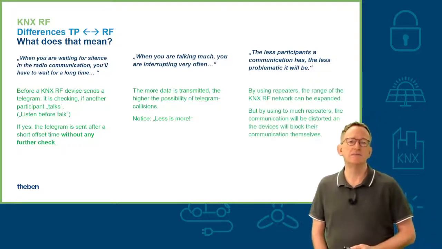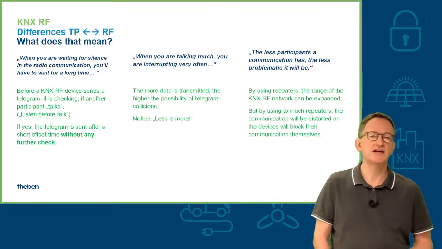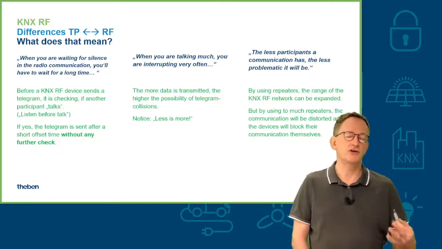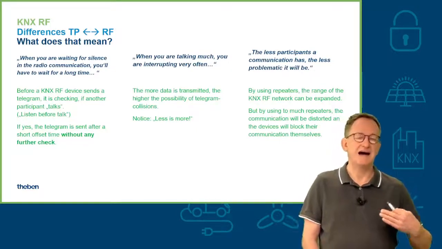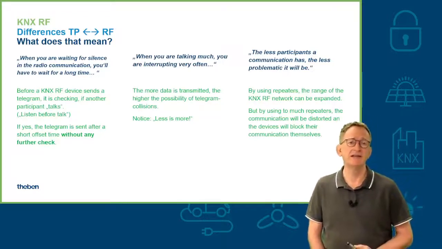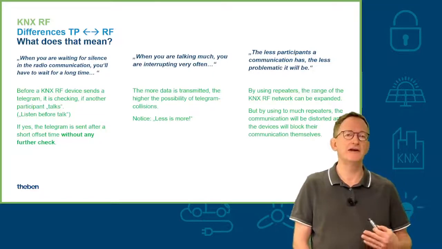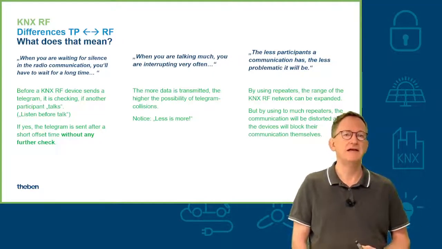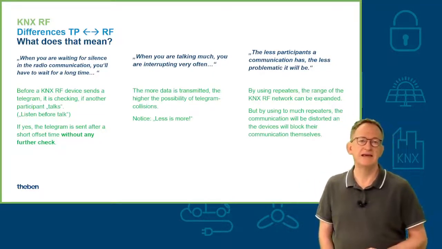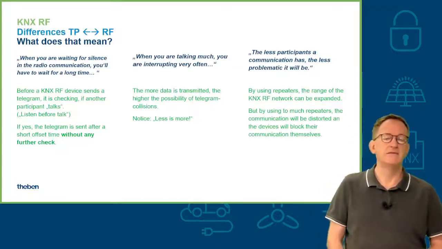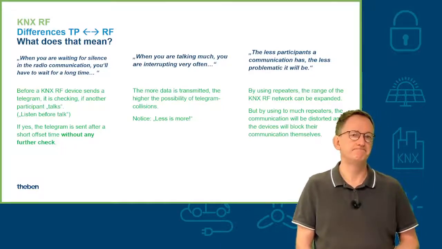And also the other side is really to just use RF devices where they are really necessary. Ensure that they are in a good range to the media coupler, and ensure that they cannot disturb themselves.